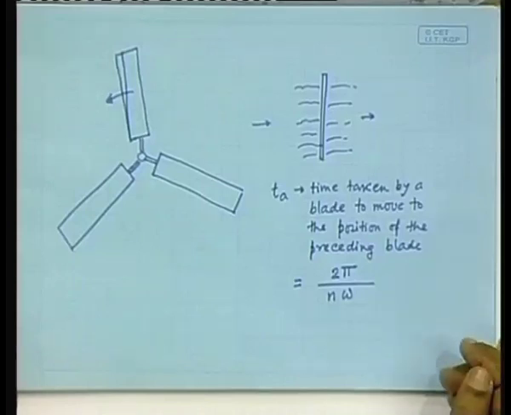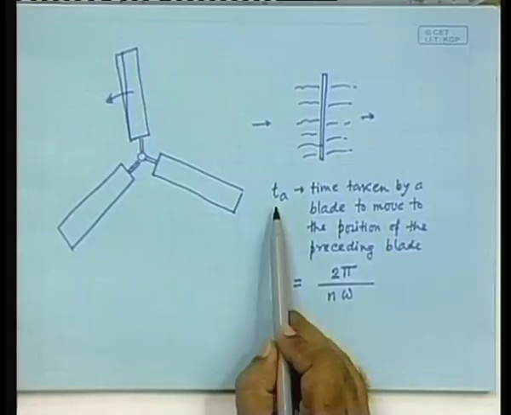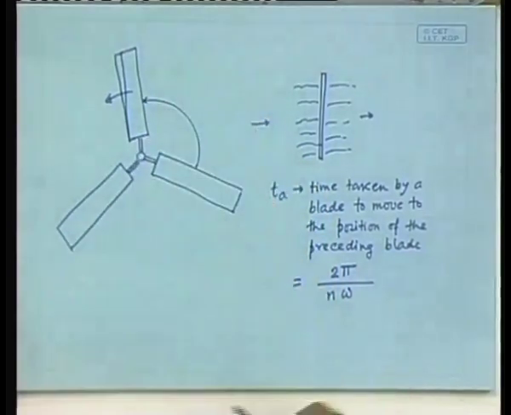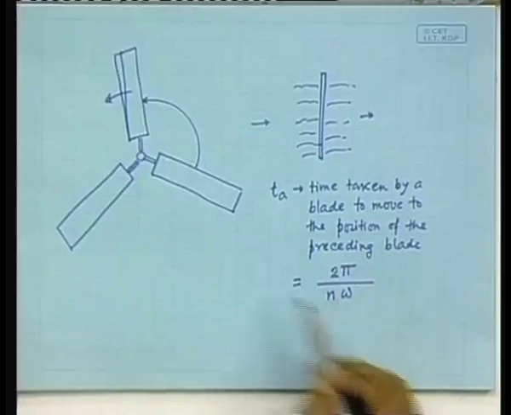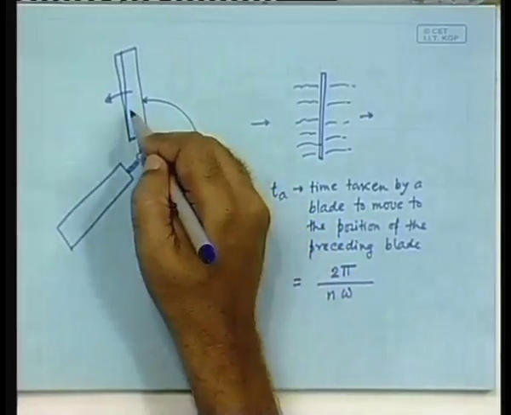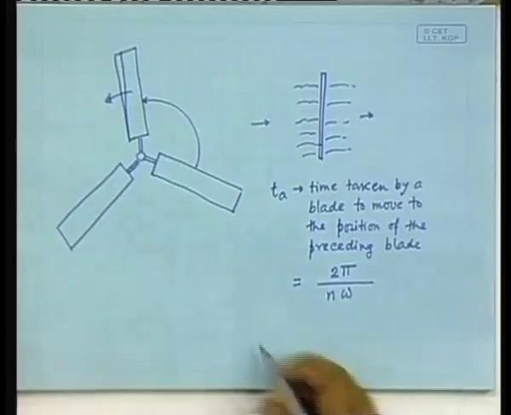Okay. So, T A is the time taken for this blade to move into this position. 2 pi by omega is the time taken for a whole rotation, 2 pi by n omega is the time taken to move to this position, n being the number of blades.